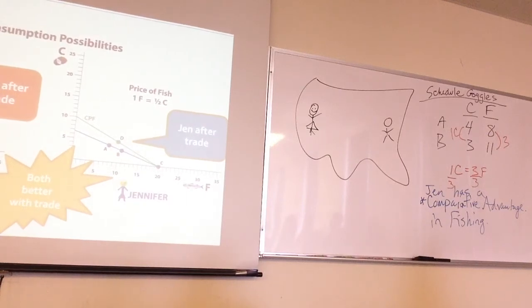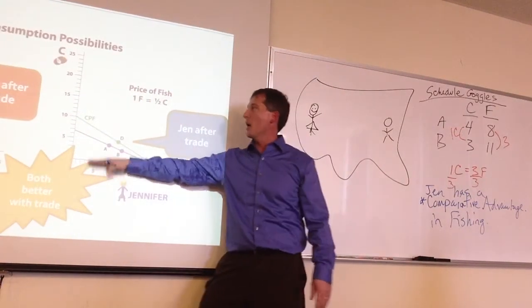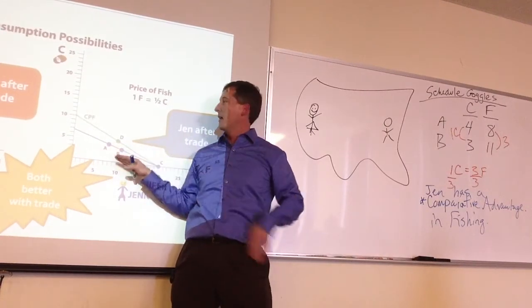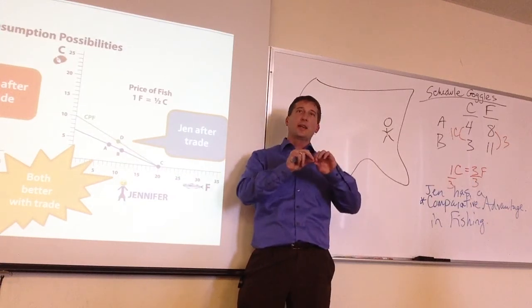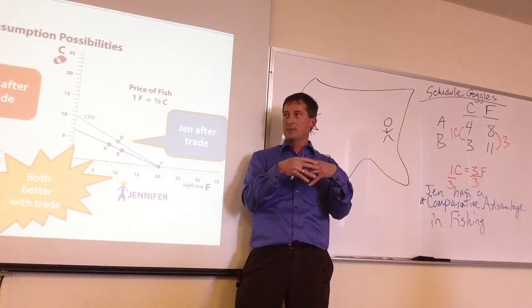Even for our hotshot Tom, who was better at both goods, through engaging in trade, even with somebody who doesn't have as good of skills as he does in those areas, he can be made better off, she can be made better off. They both now have consumption possibilities that are outside of what they can do on their own, and they did it by simply specializing in what they're good at and trading for it.